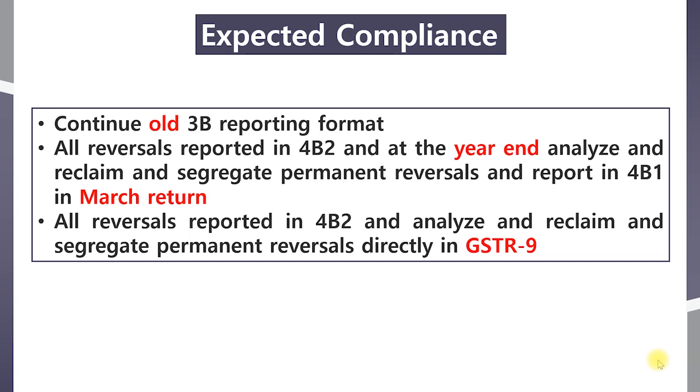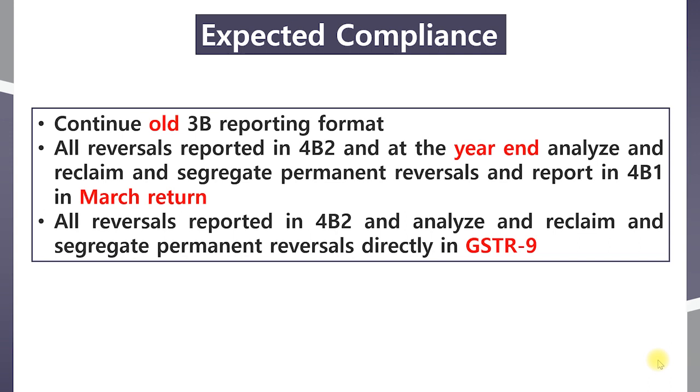Some people may resort to do all reversals in 4B2, irrespective of whether it is temporary or permanent, and whatever is eligible they may reclaim, and ultimately at the year end they may analyze and put the permanent reversals in 4B1 in the March return. Also, there is a possibility that such reporting is directly taken care of in GSTR 9. Put everything under 4B1 and ultimately analyze the reversals in form GSTR 9 directly.